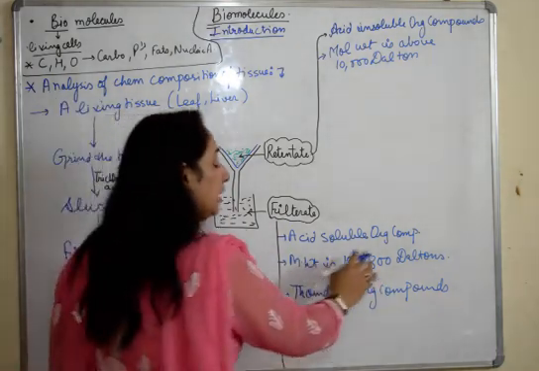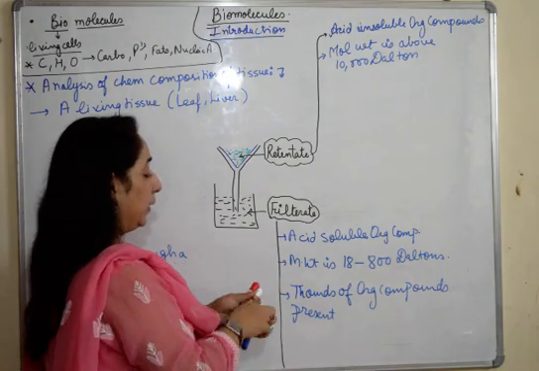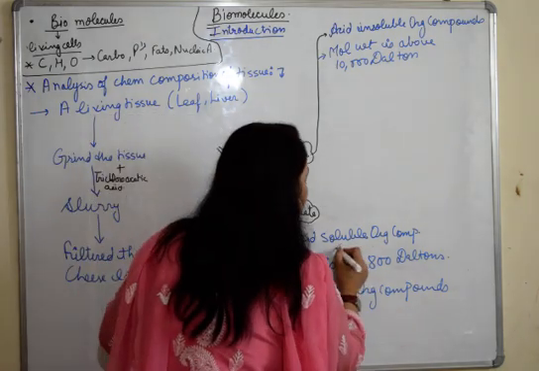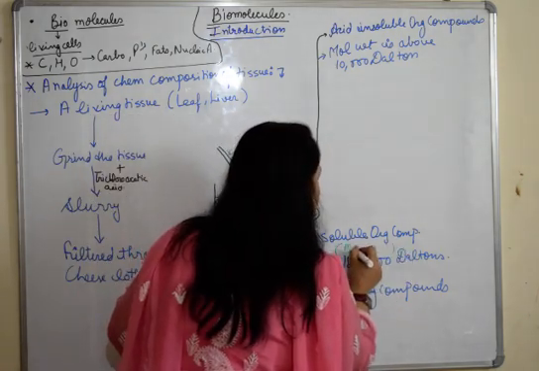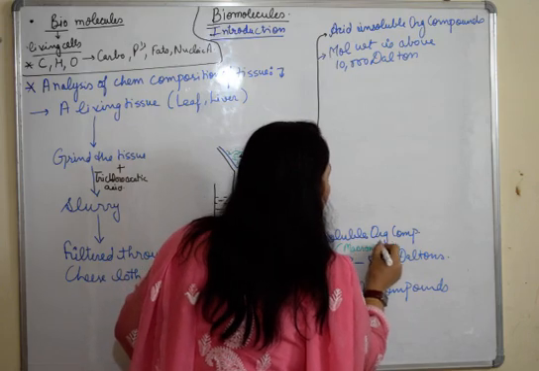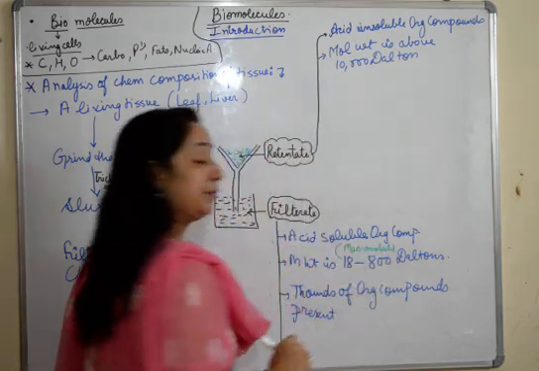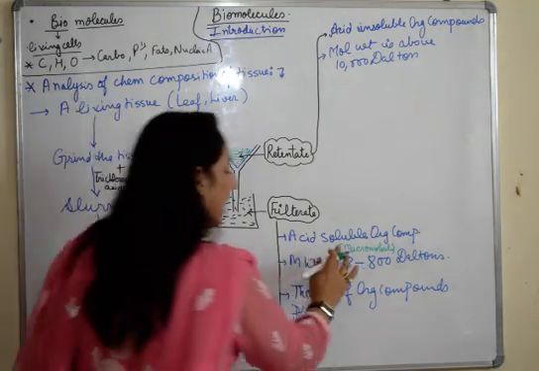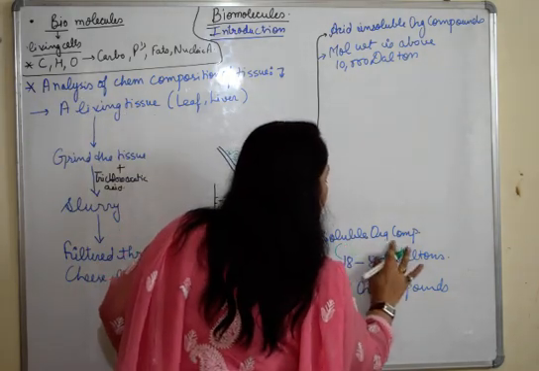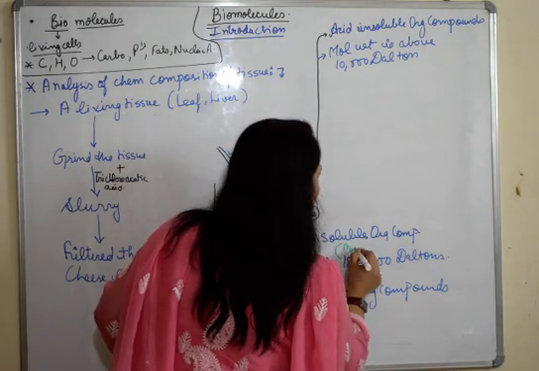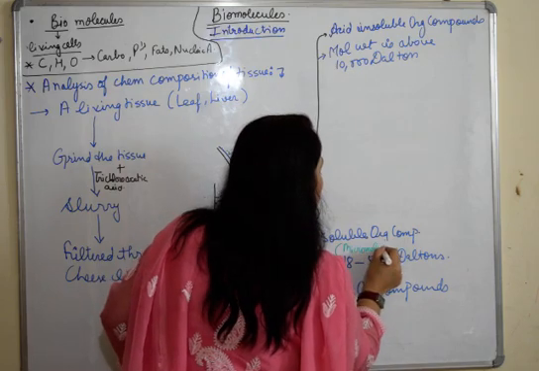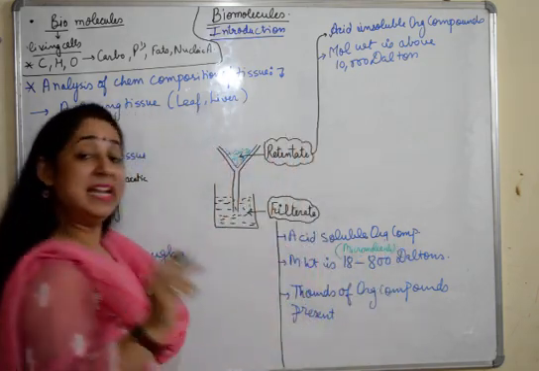Now as their molecular weight is between 18 to 800 Daltons, they are known as micromolecules, because their weight is quite less.